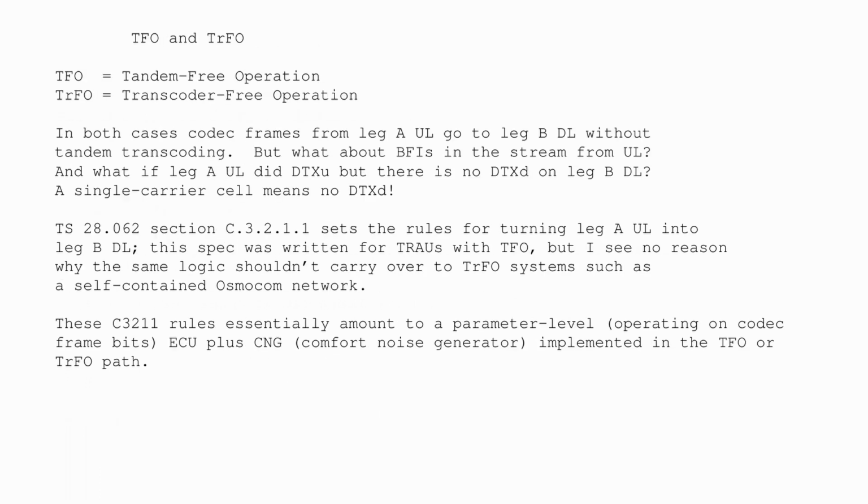Now the other really big thing we have to cover is TFO and TRFO, because what you see on this slide is at the heart of what happens when Alice is talking to Bob, and both Alice and Bob are GSM users.